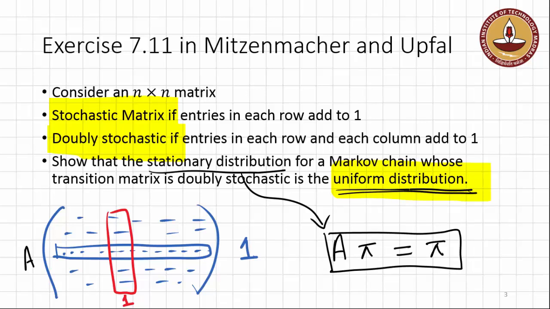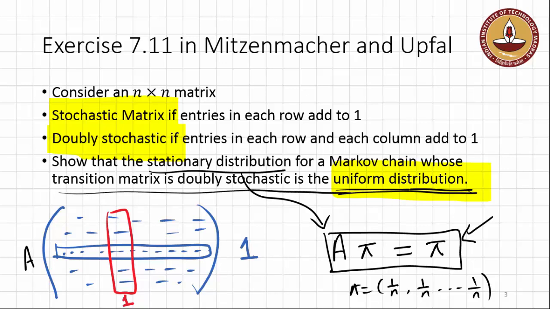So what we will need to show is that if you set pi equal to 1 over n, 1 over n, and so on up to 1 over n, then this condition should hold. That's the thing that you need to verify to show that when the transition matrix is a doubly stochastic matrix, then the Markov chain will have uniform distribution.